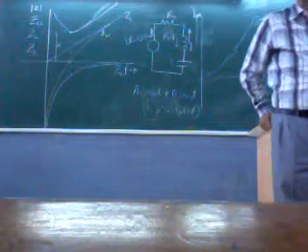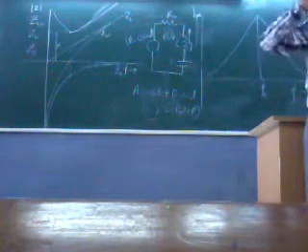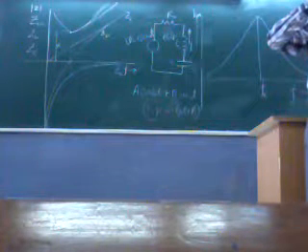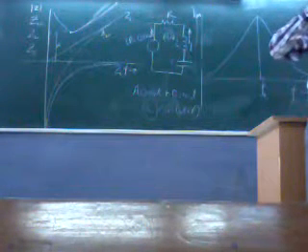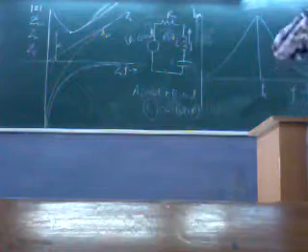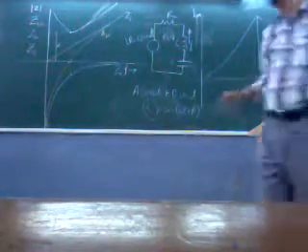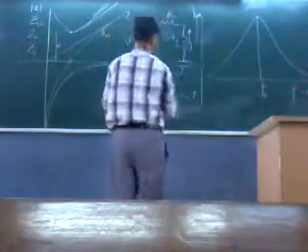So we are talking about I peak, that is the amplitude of the current. The amplitude of the current will be maximum at resonating frequency. We can take an example and we shall prove it.